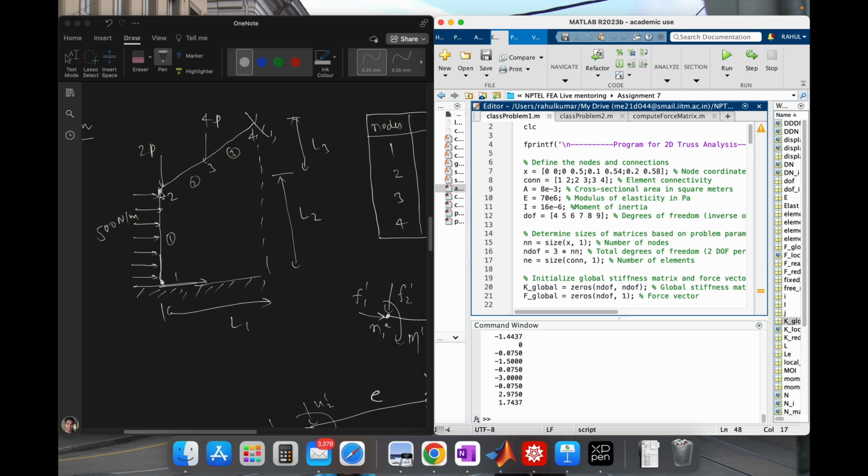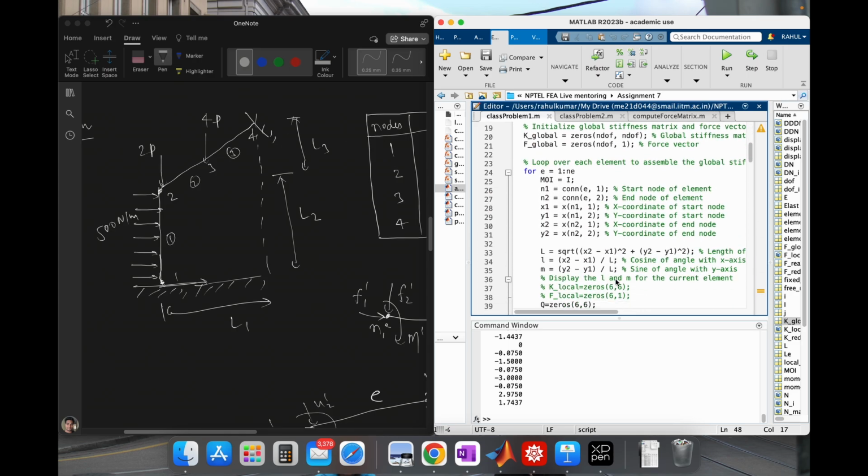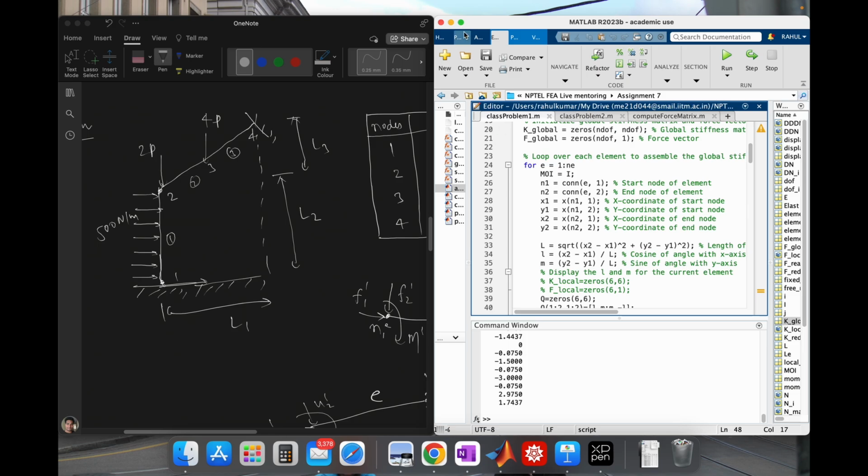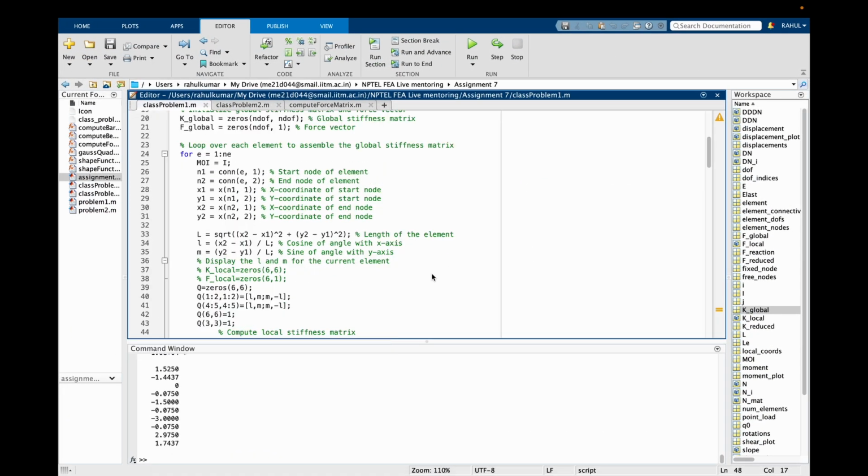This is the moving one, so there will be 4 5 6, 7 8 9, and again 10 11 12 are fixed, so that's why we are not writing them here. So let's see how this code will work.